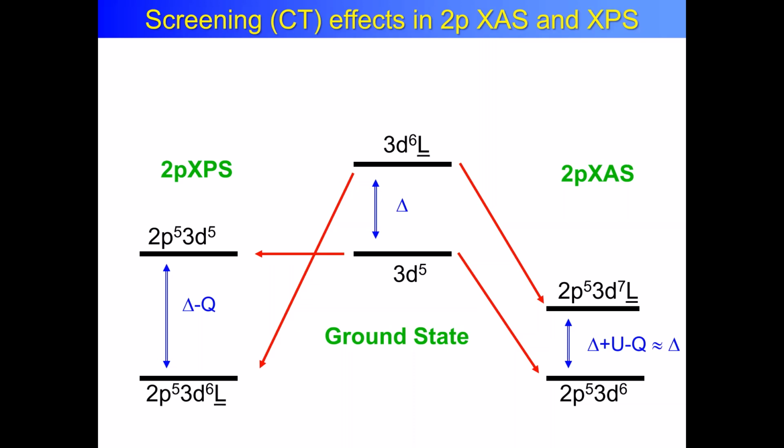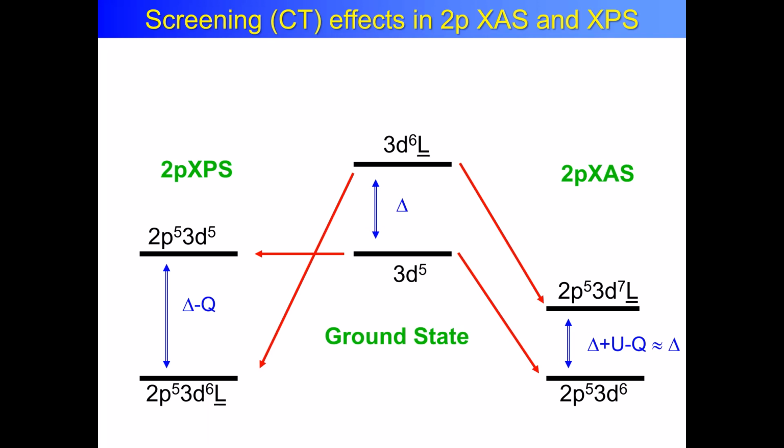If you look at 2p X-ray absorption and 2p photon emission, you describe a transition metal oxide or compound in the ground state in the middle. So you have a 3d5 ground state for iron 3+, for example. And then you make an excitation to 3d6 ligand hole with charge transfer excitation. So you move an electron from the oxygen to the metal, and the energy difference is called delta, the charge transfer energy.